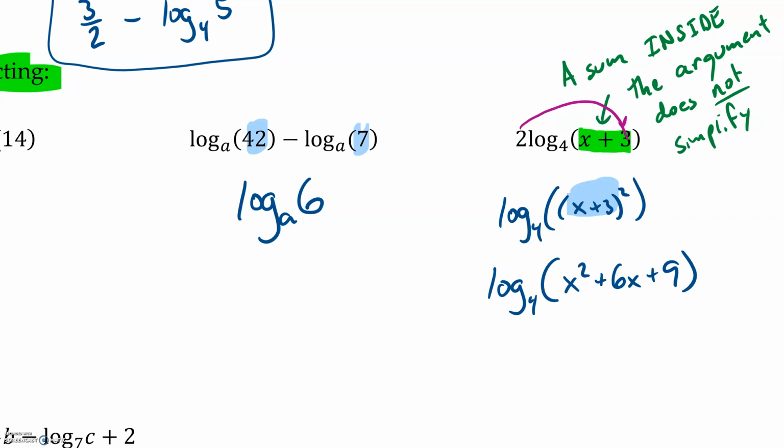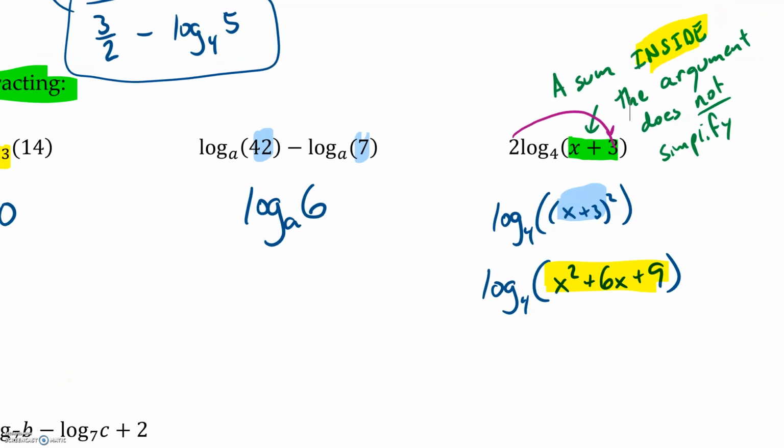But again, I have a sum inside the logarithm, and so I can't break that into separate logarithms, right? I can split a product into separate logarithms, not a sum that's inside the logarithm. So this is why we need to practice. This is why we need to develop our intuition, because there's some subtlety in how we can apply these logarithmic properties.